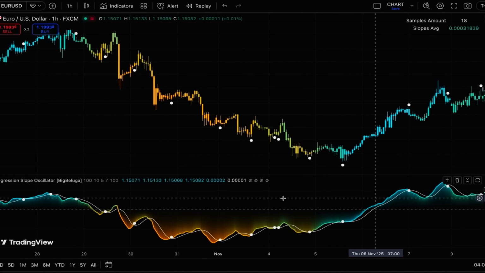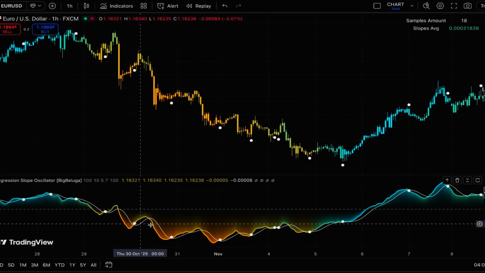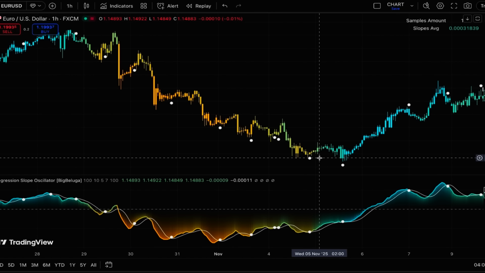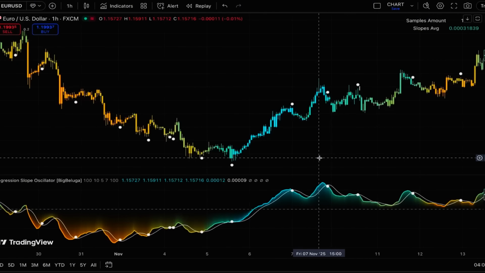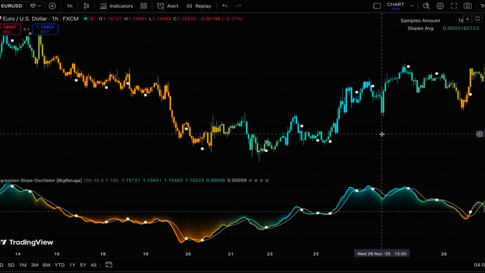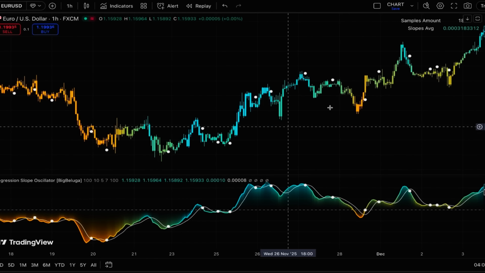When the oscillator line is below the center line, it shows that the market is trending down, and when the oscillator line goes above the center line, it shows that the market is in an uptrend. So below the center line, the market is trending down, and above the center line, the market is trending up.